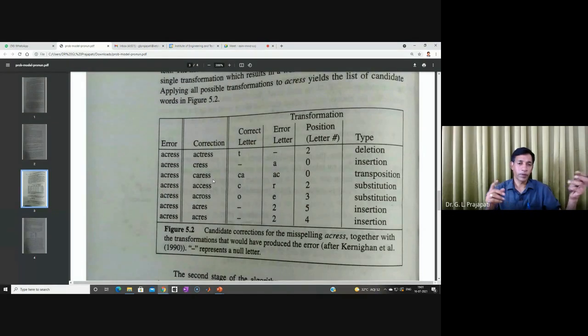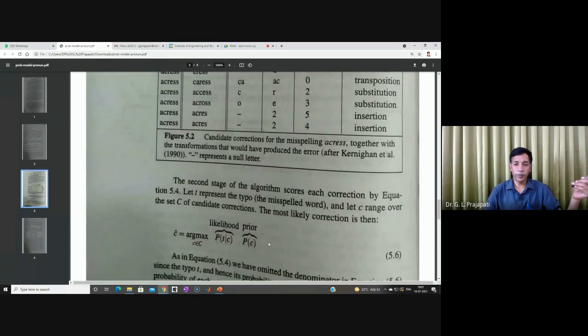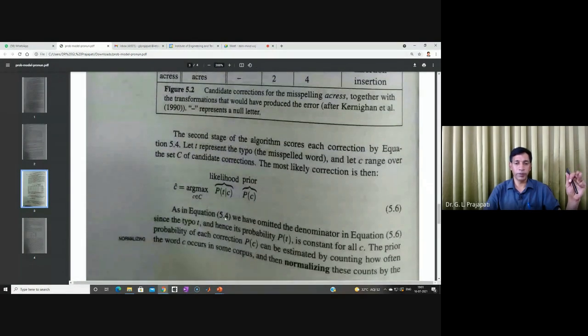Say the frequency of actress is 500 out of the 40 million. So 500 divided by 40 million is the probability for actress. So this is the probability for the C, and you can compute this easily. The other probability can be computed with some other information.